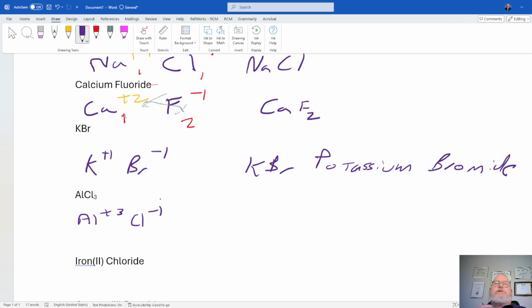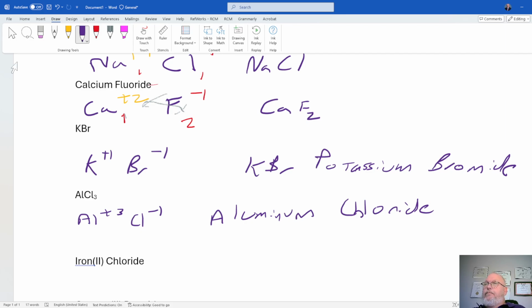So 2 ways would be acceptable to me, and probably on the AP exam. You could write this as just plain old aluminum chloride and be okay, because there's only one charge state for aluminum.